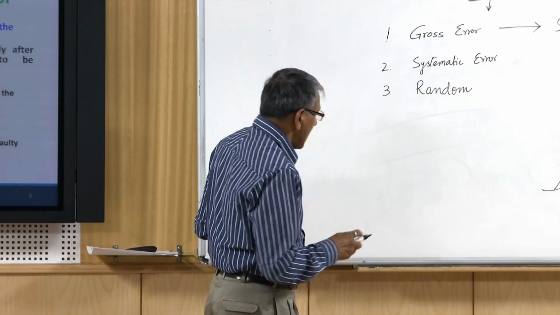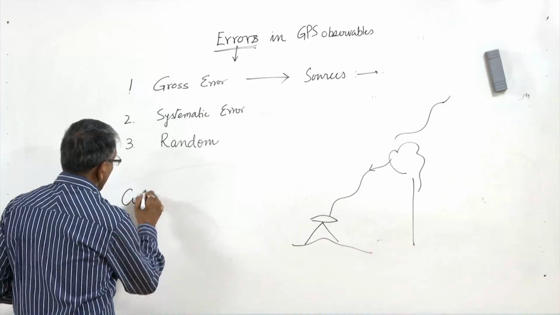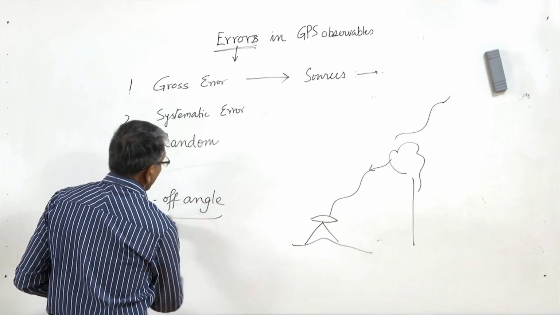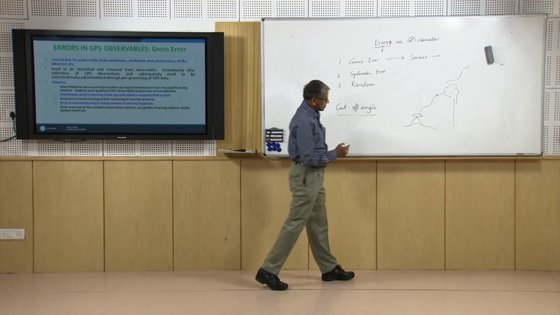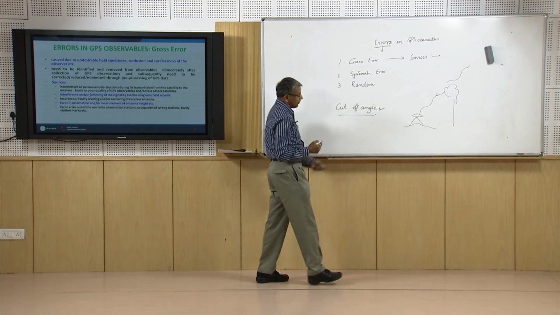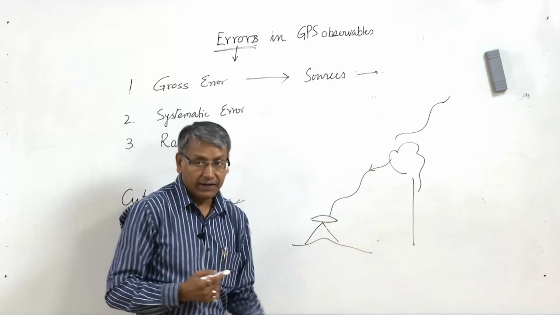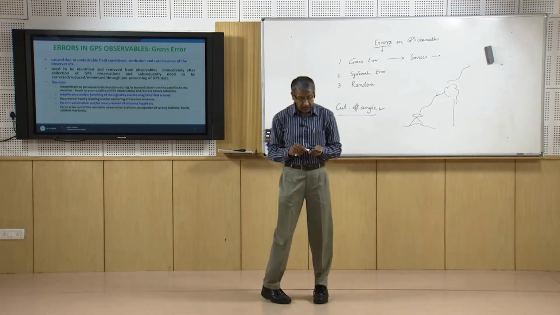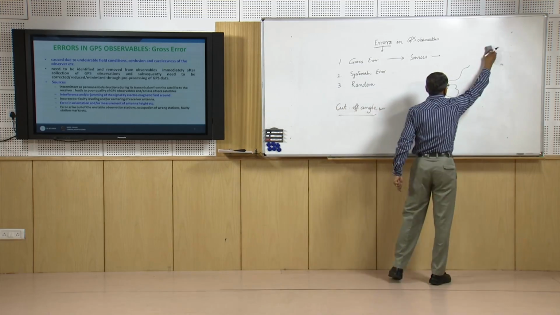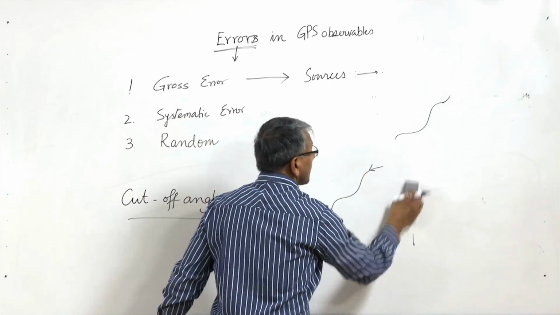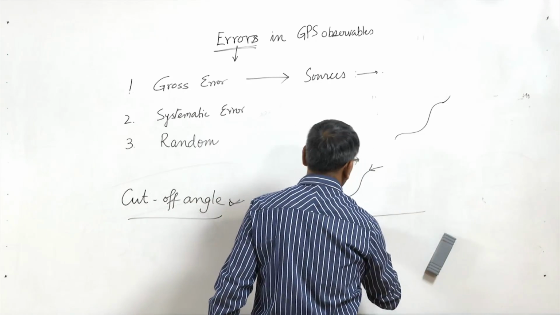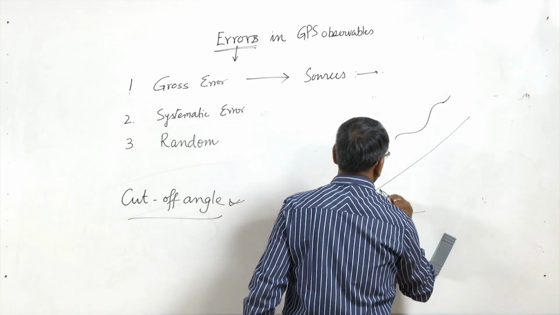We should give enough cutoff angle. Now what is cutoff angle? It is the angle which we have to provide to the receiver at the time of receiving the signal, beyond which there will not be any obstruction. Suppose the cutoff angle is 15 degrees.